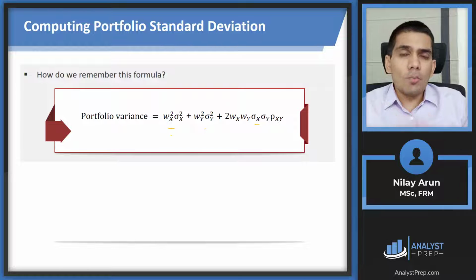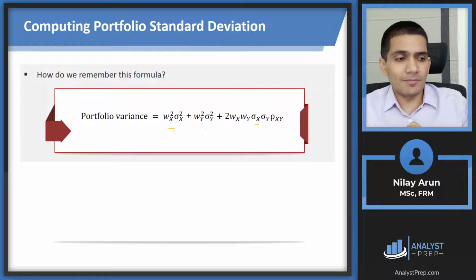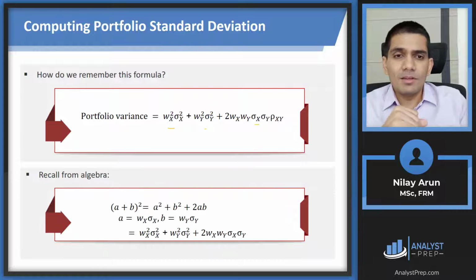Now let's go back to a formula which you would have done in school in algebra, and let's see if there is any similarity here. All right, and now try to remember this formula for a plus b whole square. A plus b whole square is equal to a square plus b square plus 2ab. I'm pretty sure everyone would remember this formula from school.